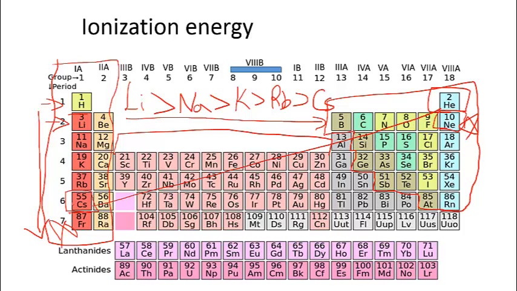But the distance from the atomic nucleus tends to increase. So it is easier to pull an electron from cesium than it is to pull an electron from lithium, just because the electron is closer in to the lithium nucleus than it is for the cesium nucleus.